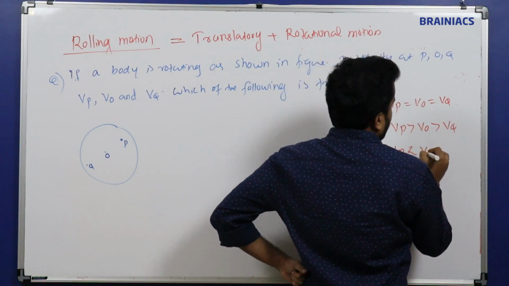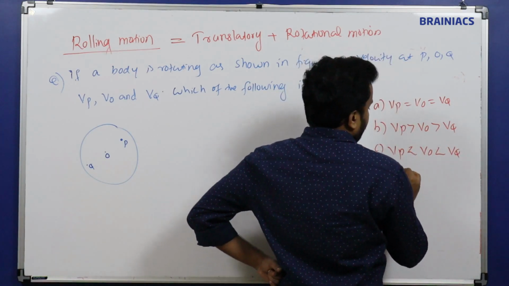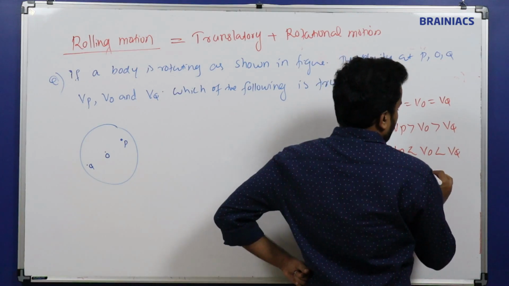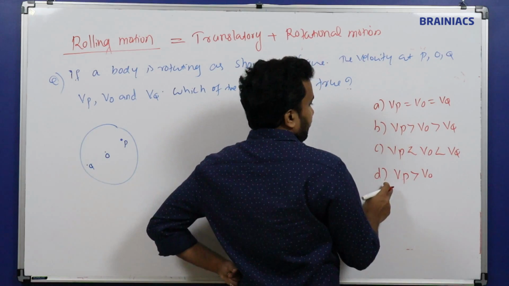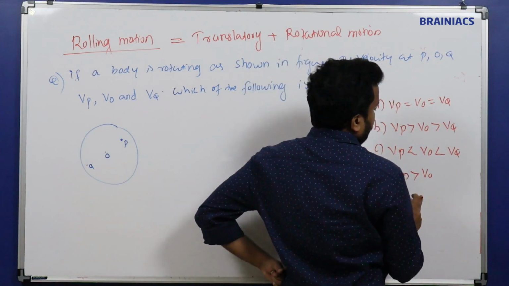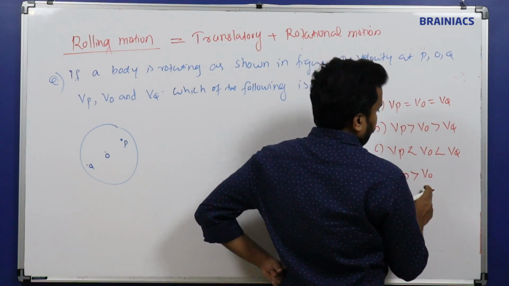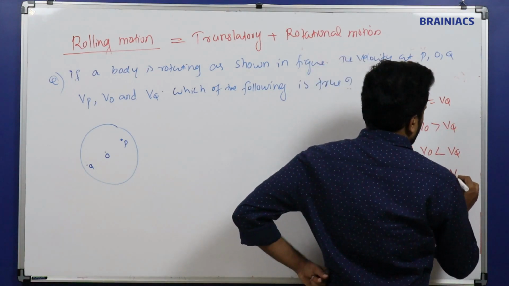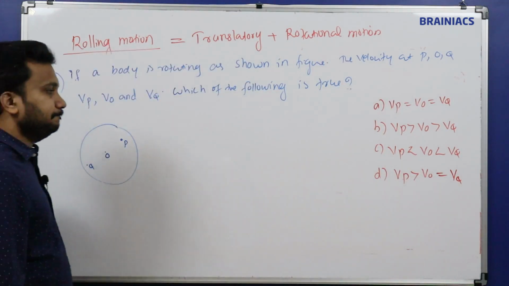VP less than VO less than VQ. VP greater than VO, which is equal to VQ.